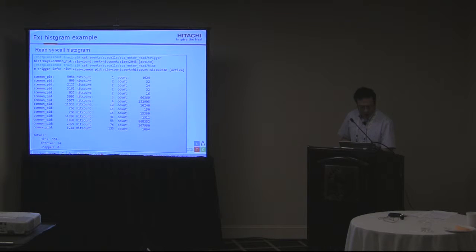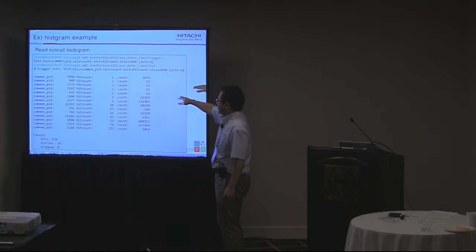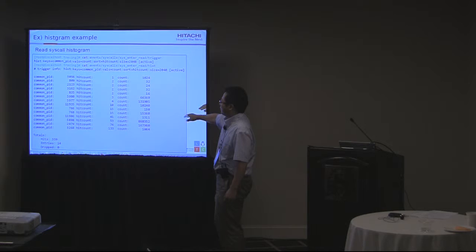So here is a histogram example, making a read syscall histogram. We can see this result directly from the kernel.